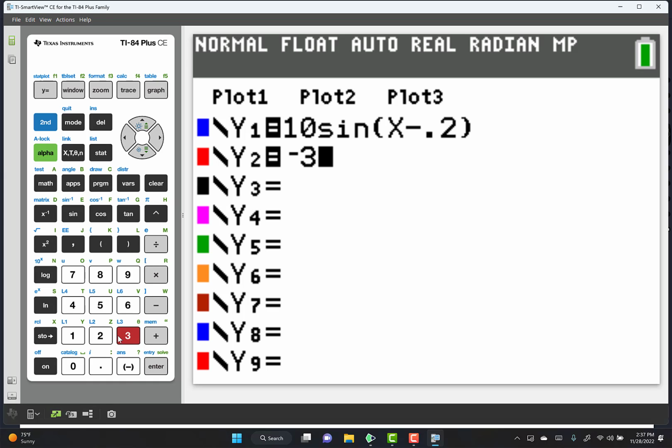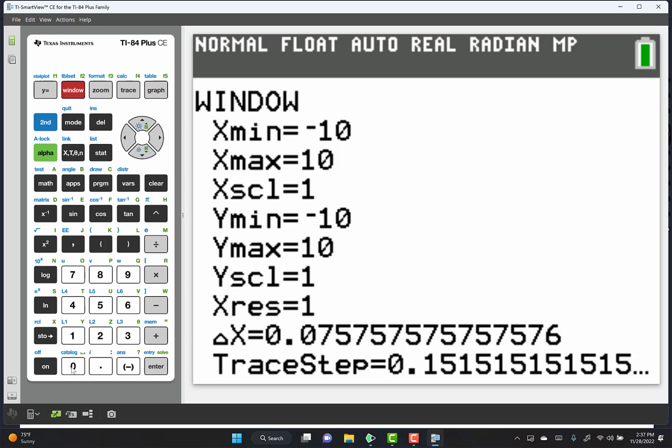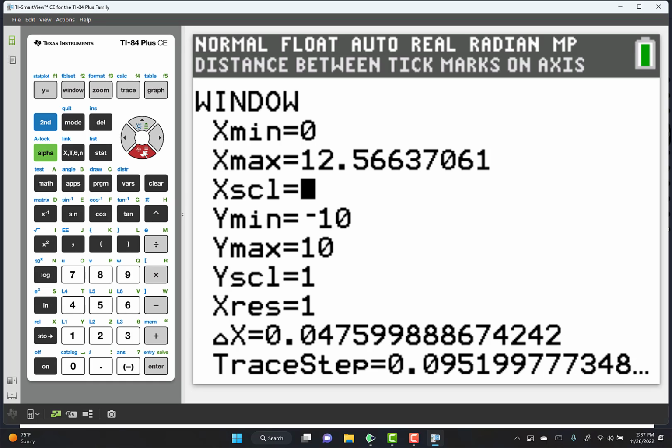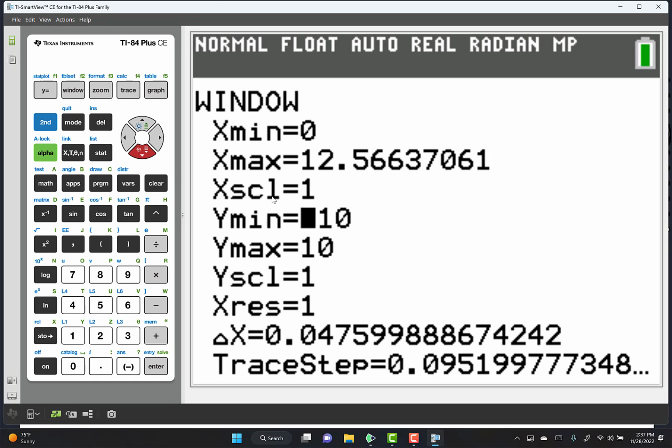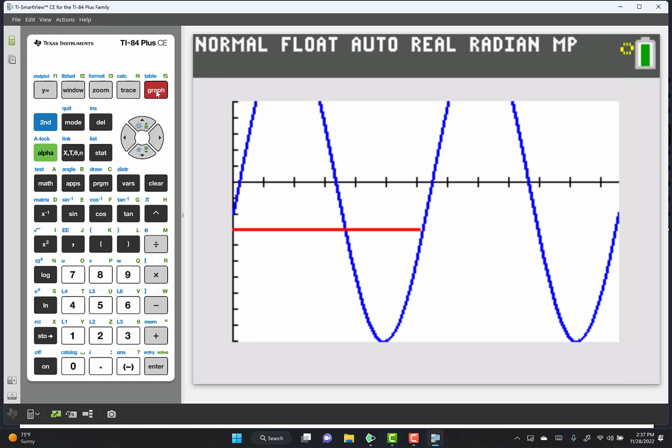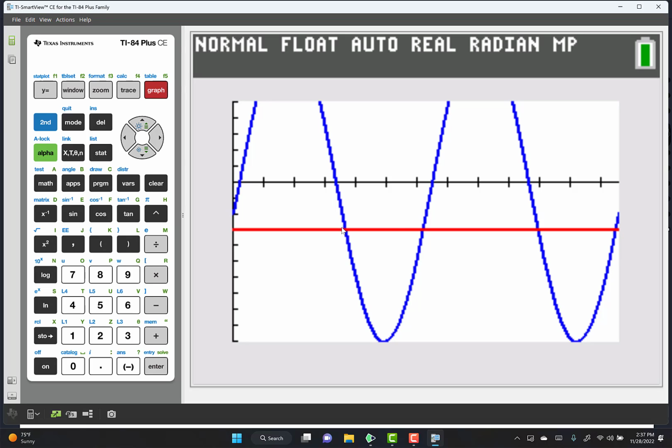Then I'm going to click on window, and I'm going to go from 0 to 4 pi, because that's where they want me to look. And then you don't really care about seeing the whole wave because you just care about where it intersects negative 3. So I'm going to go negative 10 to 5. And I'm going to push graph. And there's my wave. And there it is. So I better see 1, 2, 3, 4. These are my 4 answers.